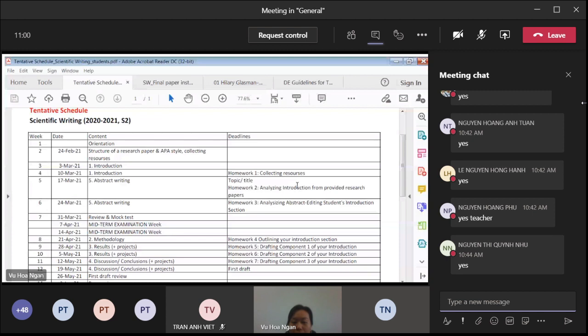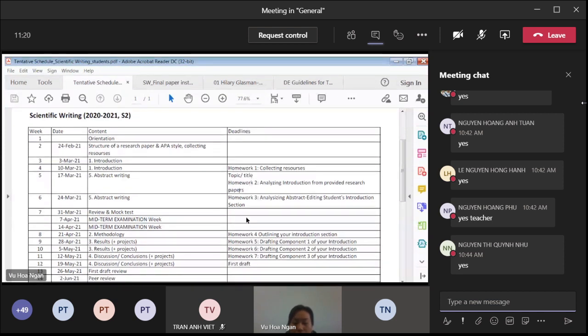Then in week 5, you need to decide the topics and the title of your proposal. Homework 2, 3, and so on: these are the deadlines of these assignments.